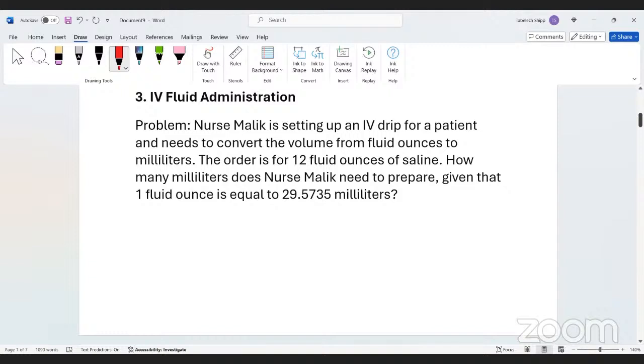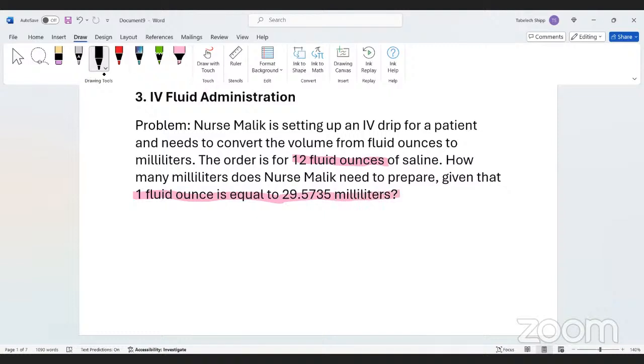So again, all you have to do, okay, when you actually do these problems, you just have to know, all right, they told you that the patient requires 12 fluid ounces of saline. But what they also gave you here was that 1 fluid ounce equals 29.5735 milliliters.